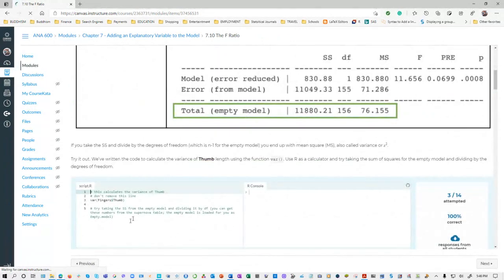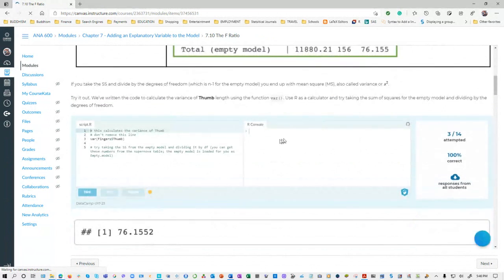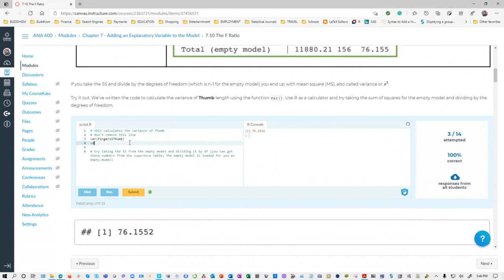You found the variance this much. Now the same thing, instead of that one, I'm going to write the SD of that guy. Go to fingers, go to thumb. I'm going to get the standard deviation as well, 8.72.